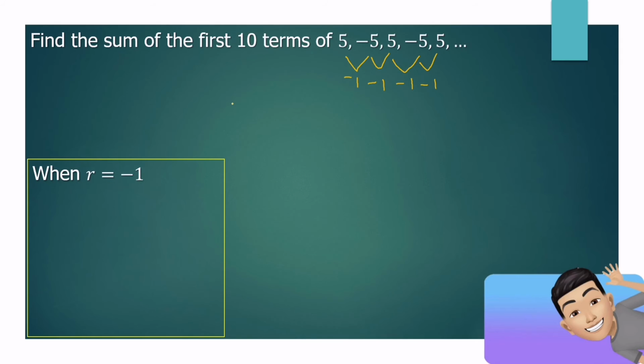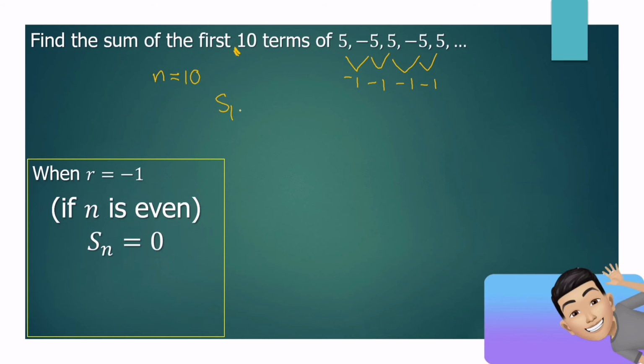Kaya siya nagkaroon ng alternating sign. But, in this case, if n is even, no? N natin kasi ay 10, even. Therefore, S sub 10 is equal to 0. Wala na. Yun na yun. By definition, S sub 10 is equal to 0.